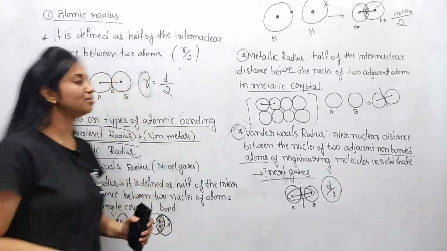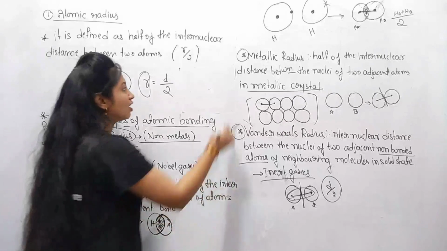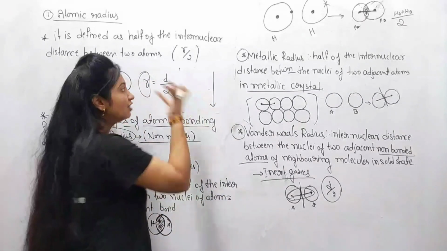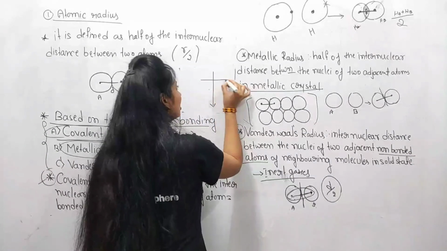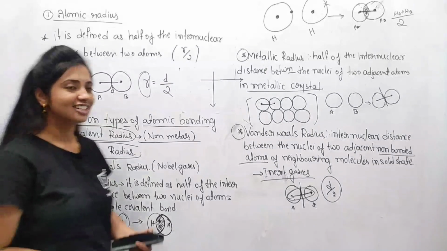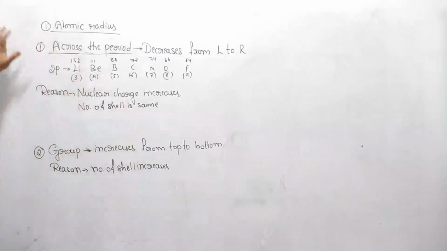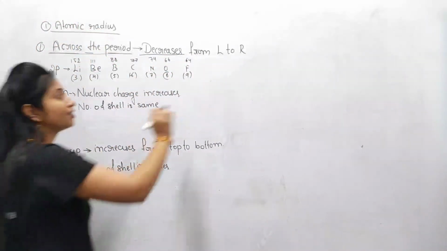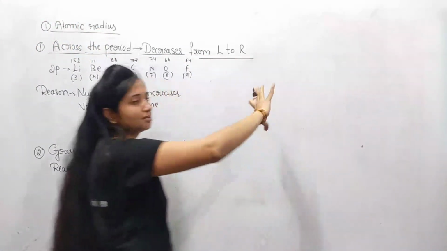Then how do atomic radii vary from top to bottom, along the group, and how does it vary from left to right along the period, and why? Just see here. Atomic radius decreases across the period, from left to right of the periodic table.